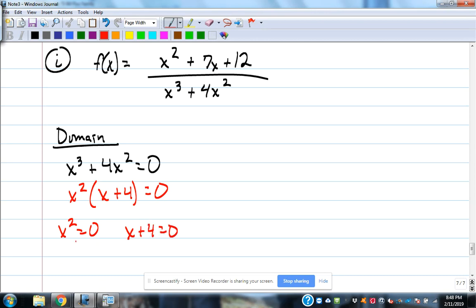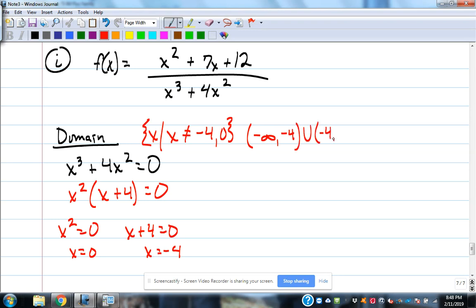What squared gives me 0? 0. So x is equal to 0. And this one is x equals -4. So our domain is all x's as long as x does not equal -4 or 0. So interval notation for that would be -infinity to -4 union -4 to 0 union 0 to infinity.